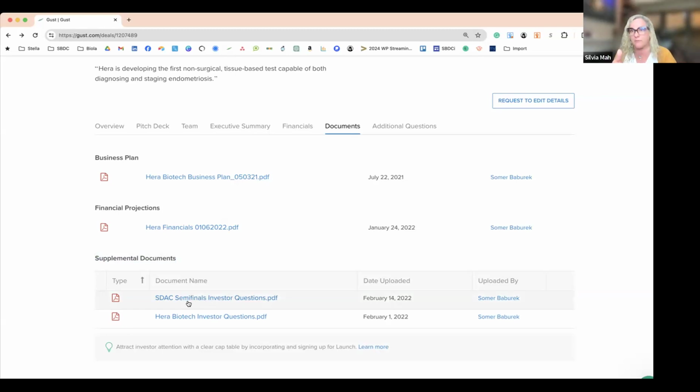So she created a PDF of all the questions that she received in the semifinal round, and she put it in there, right? This investor questions was February 1st, and that was a quarterfinal round. It allows people that maybe missed the meeting, or let's say one person sent her an email and asked the same question that somebody else might send later on.